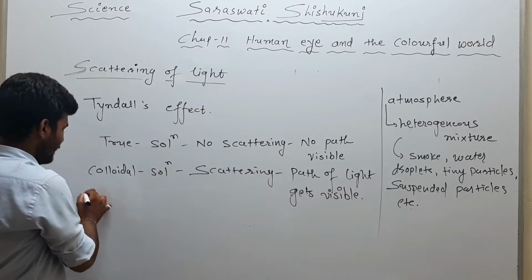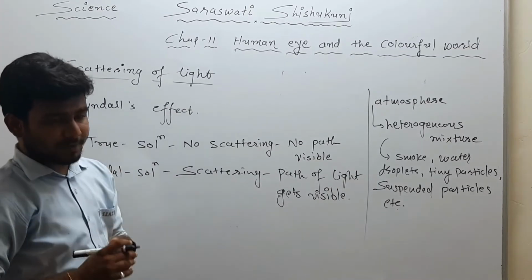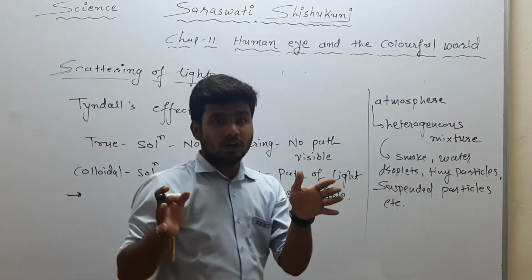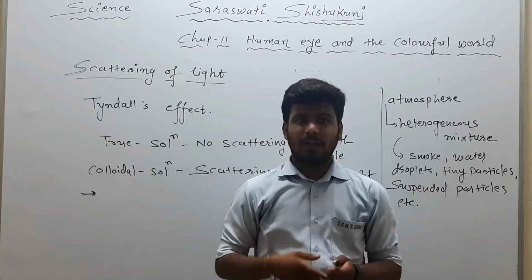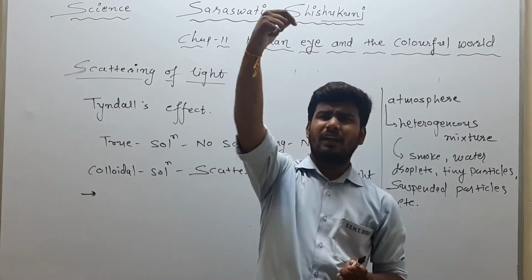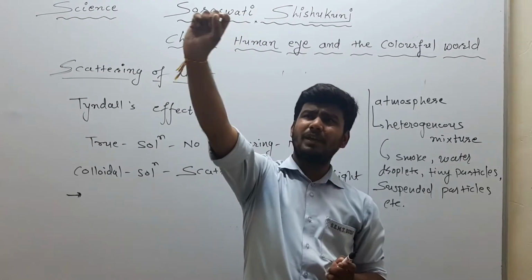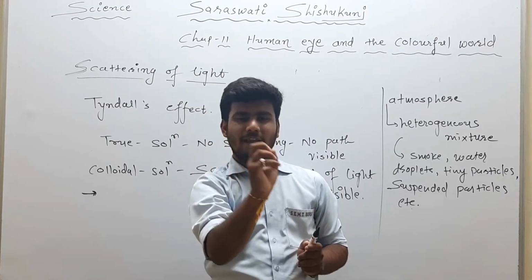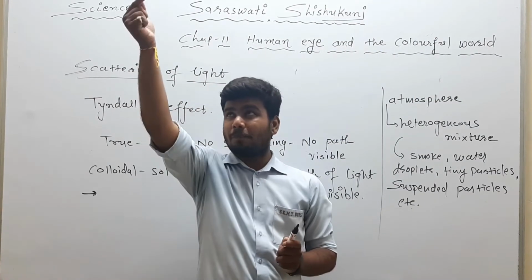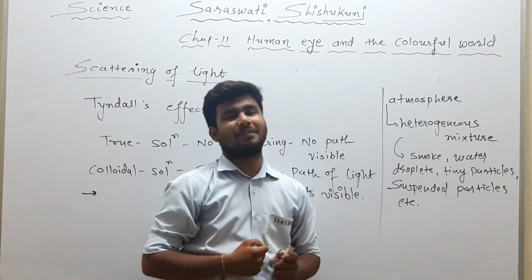But here for the Tyndall effect, you have observed many times that if you are in a room and in that room there is dust, right, dust particles, and a beam of light enters the room, you can see the visible path of that light. Due to those particles, you can see the visible path, because each particle is going to scatter the light, and due to that the path of the light becomes visible.